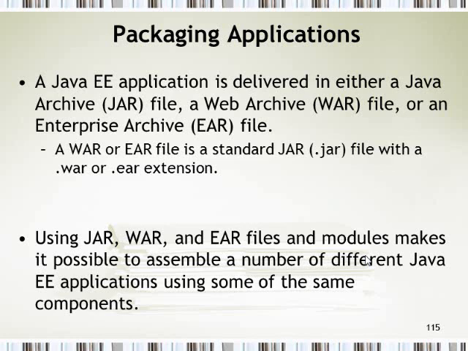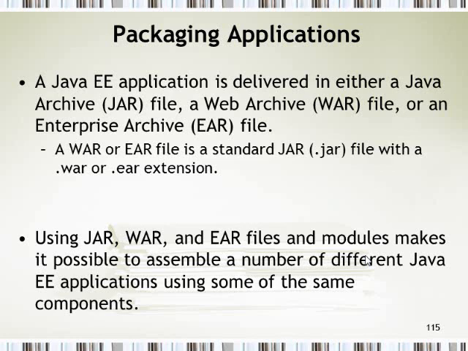Java archival files are .jar files, whereas the other ones are WAR and EAR. You get a different extension. If you want to just give a web component, then you just use the WAR file. If it is a client component, you can use the jar file. If it's an enterprise component, you can put it in the EAR file.